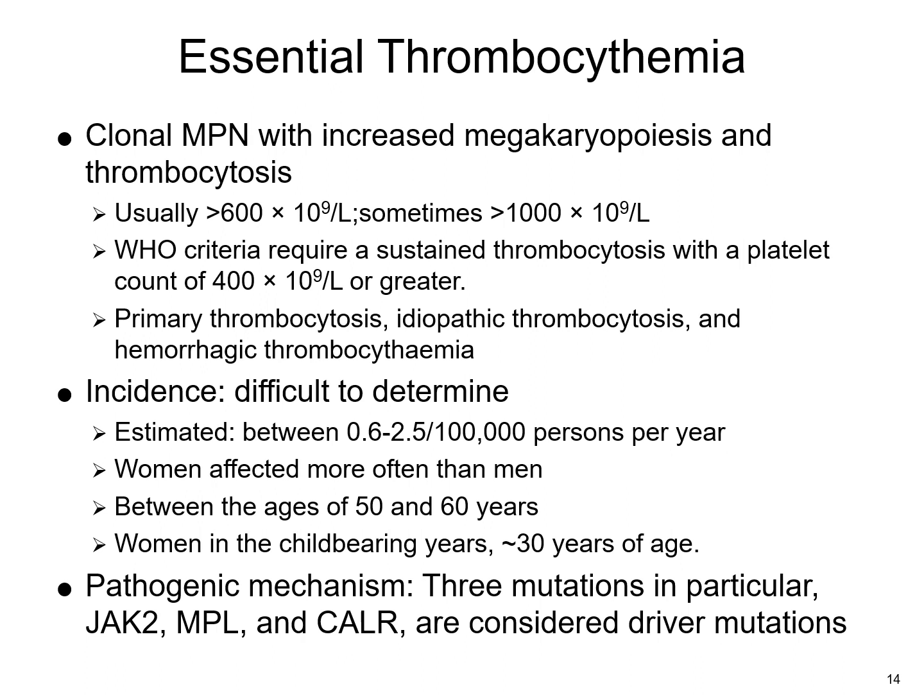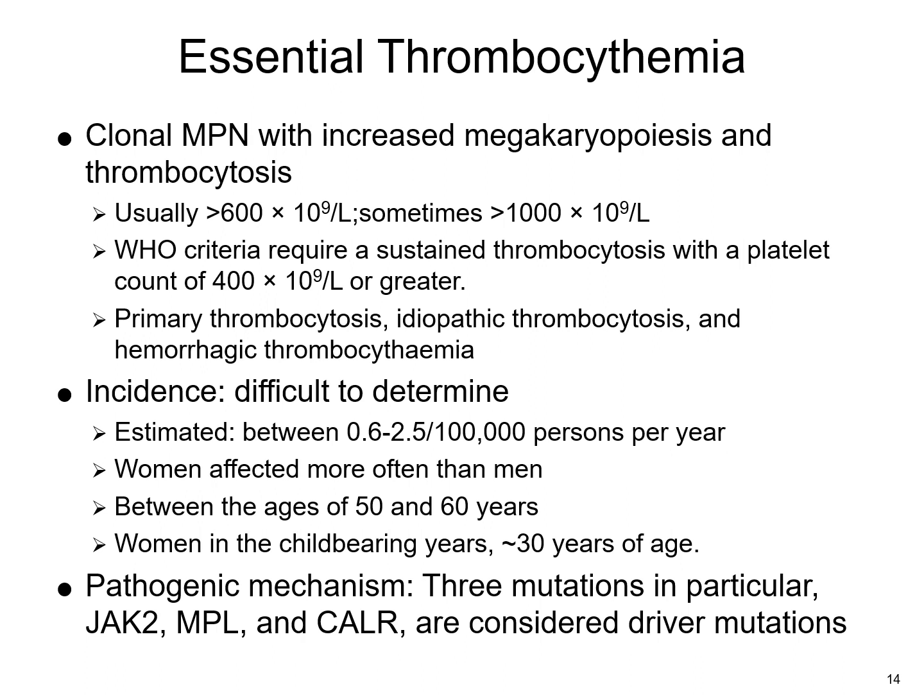Now, because there is not really a well-defined diagnostic algorithm for this, determining the true incidences of essential thrombocythemia has been very difficult to do. Based off some diagnostic systems, it has been estimated to be between 0.6 to 2.5 cases per 100,000 persons per year.